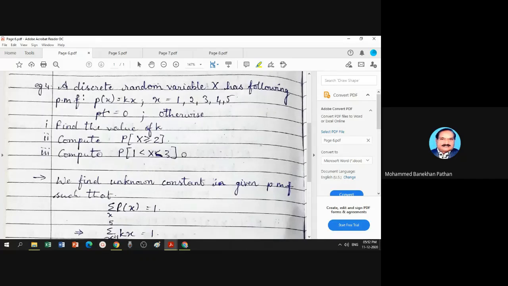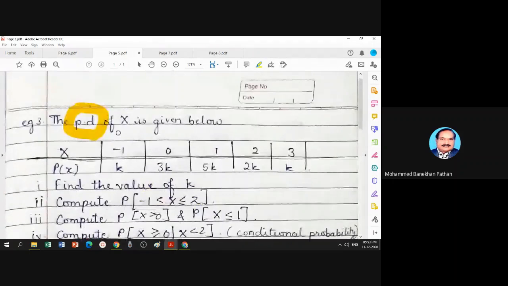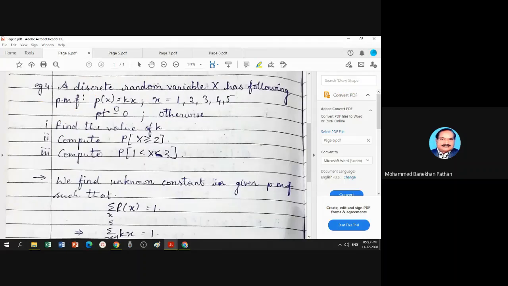Let us compare example 4 with example 3. What is the difference? In example 3, you have a tabular form, which is called a probability distribution. And in example number 4, you have a functional form.